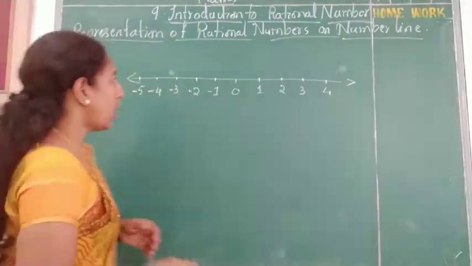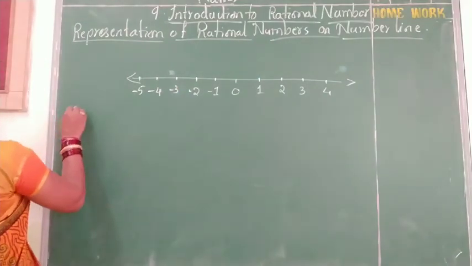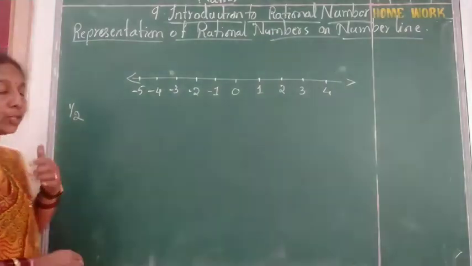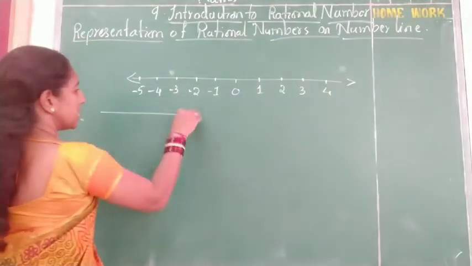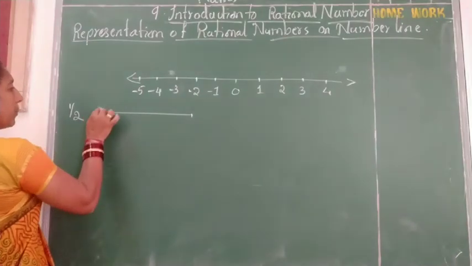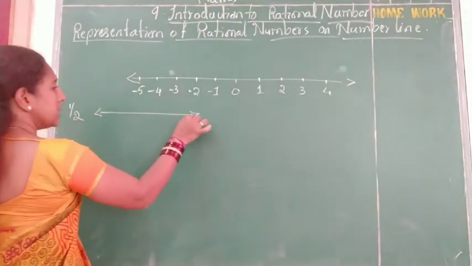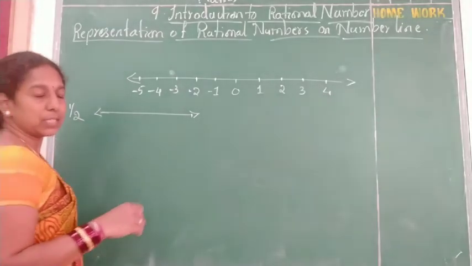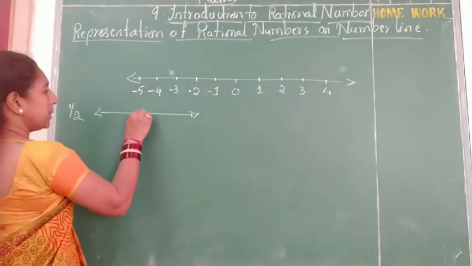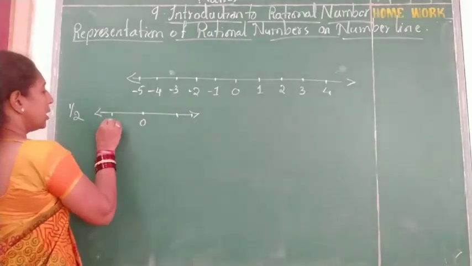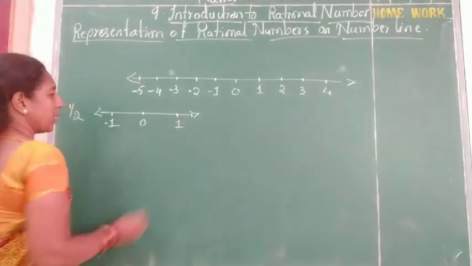Okay. So now let me take the fraction 1 by 2. This is the number line. Here will be the 0, here -1, here +1.